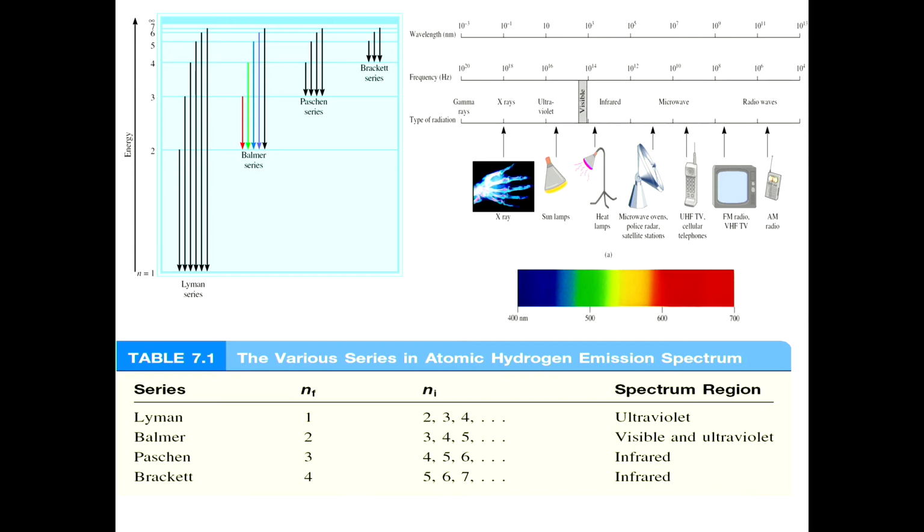Here this shows the energy of different light. When the light is in this area, we can see it with our eyes, and this is the Balmer series.